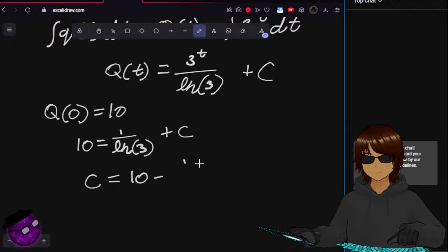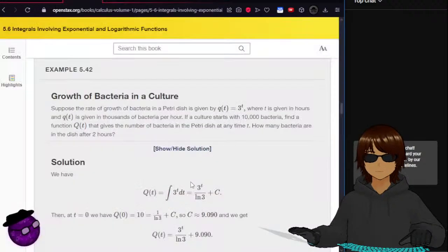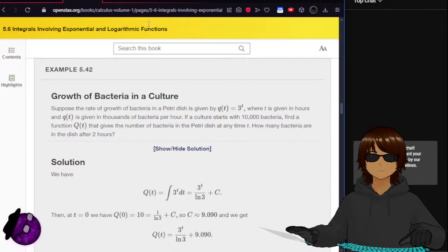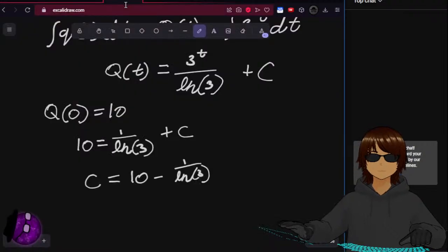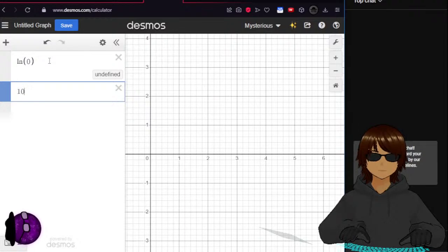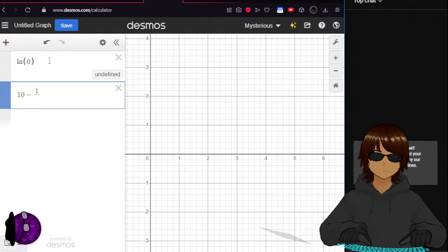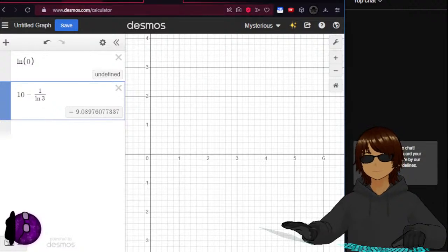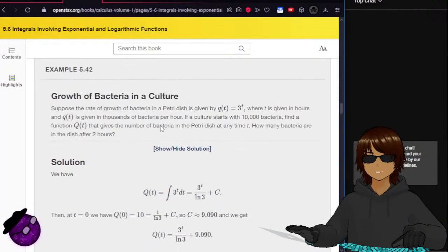Is this correct so far? C is equal to 9.09. Okay. Now wait.